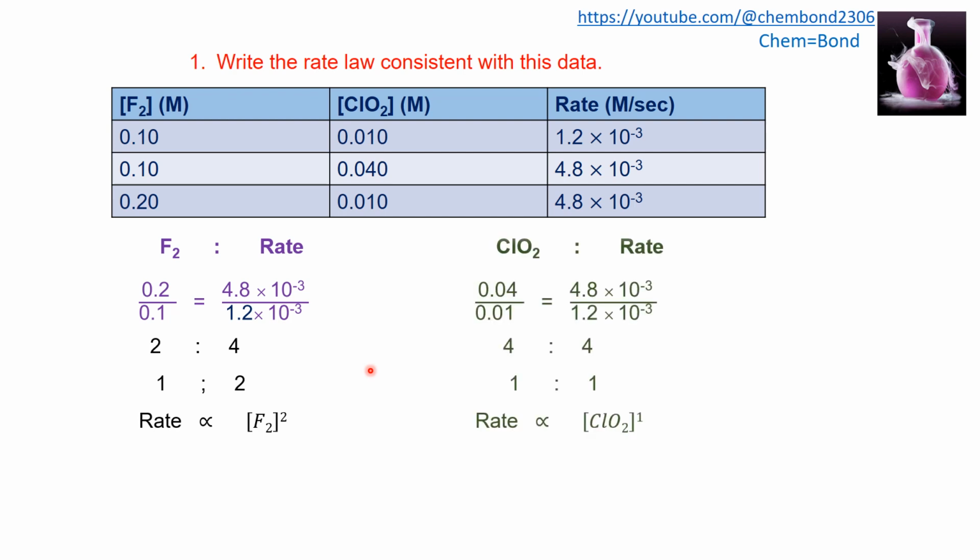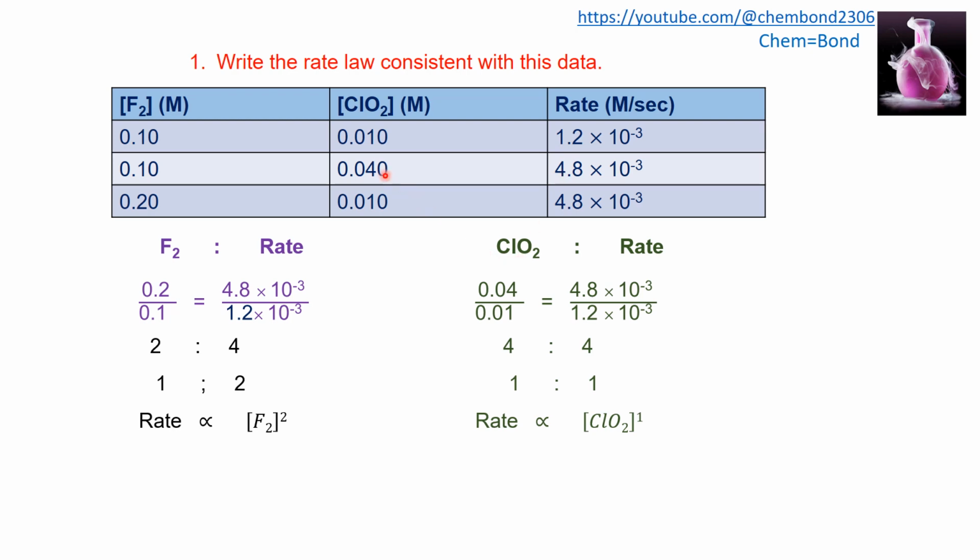Similarly, in case of chlorine dioxide, if we look at the values 0.01 and 0.04, and change the concentration from 0.01 to 0.04, what will be the rate of reaction? 1.2 into 10 to the power minus 3 changes to 4.8 into 10 to the power minus 3, which means it is almost 4 times increase.